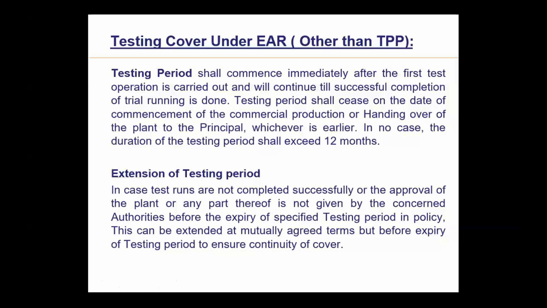Sometimes it happens. It's a government project, so the government has to declare commercial operation of the plant. Actually, the technical staff knows, the insurance company knows that the plant is not ready for production because the testing is not complete, as it has not achieved the rated production capacity.